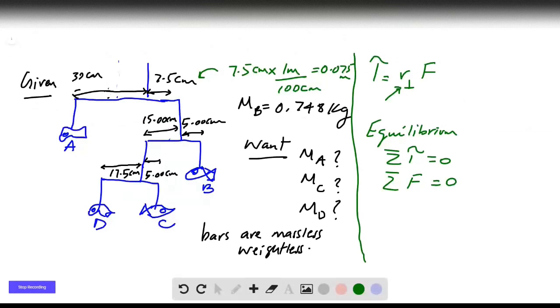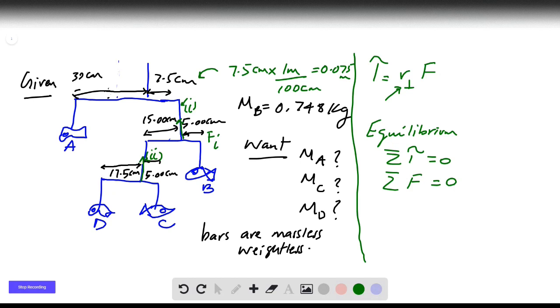The other thing which will strengthen our problem is that we're going to label these ones. So this one, we're going to label it as I. This rod is I. So the force that's pulling up there, we're going to call that F sub I. And then we're also going to label this one Roman 1 and Roman 2.